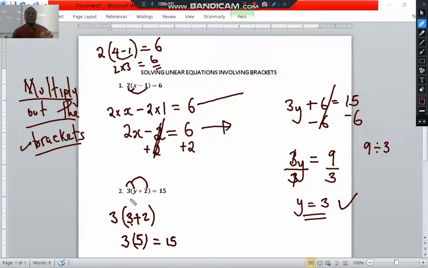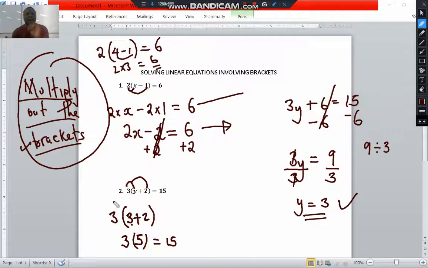So what I want you to do is to make some important notes, like this one here, which we say we need to multiply out the brackets. Multiplying out the brackets implies that we multiply the number or the term that is outside the brackets with each and every term inside the brackets, and then from there we just do the normal thing of solving equations.